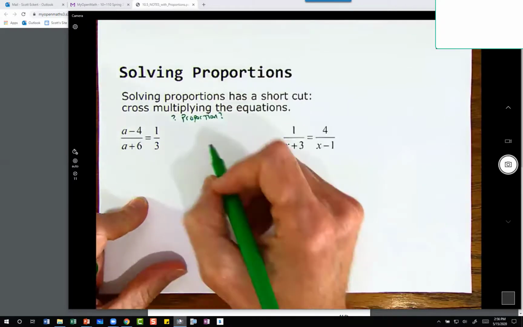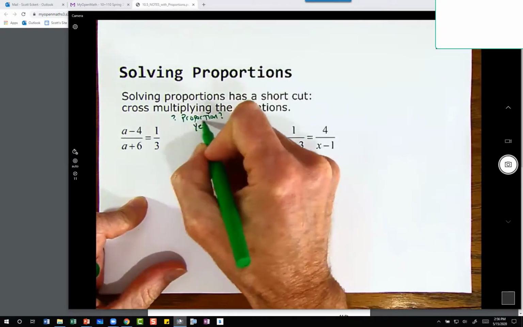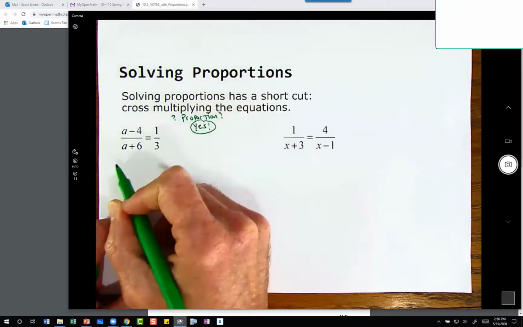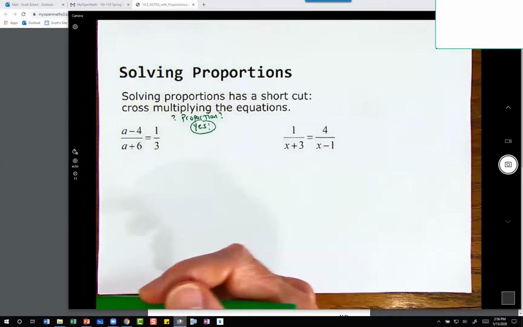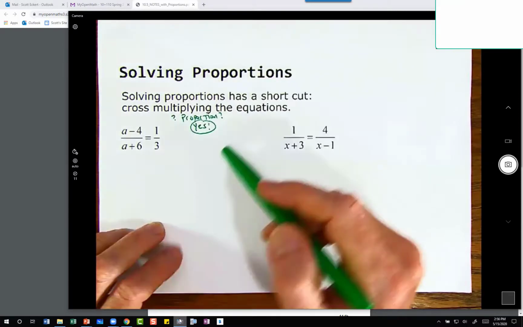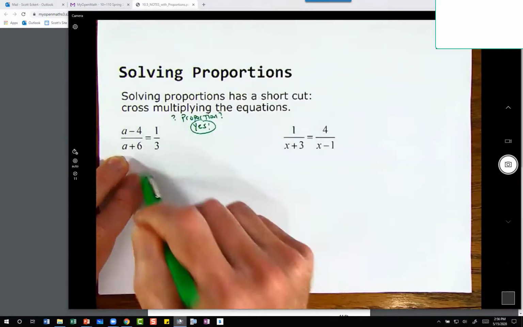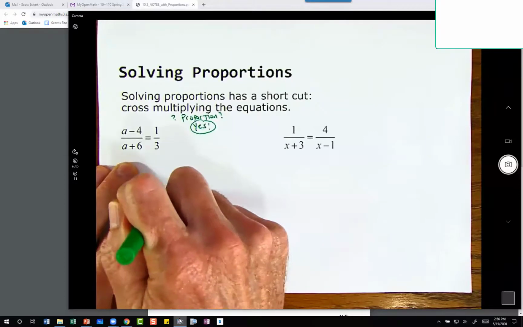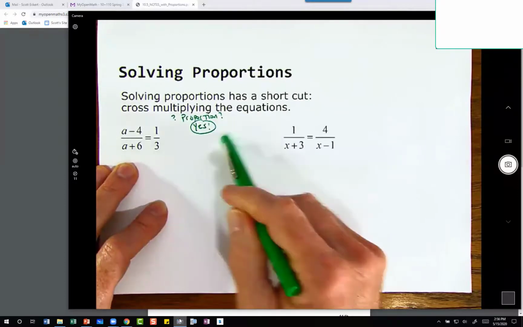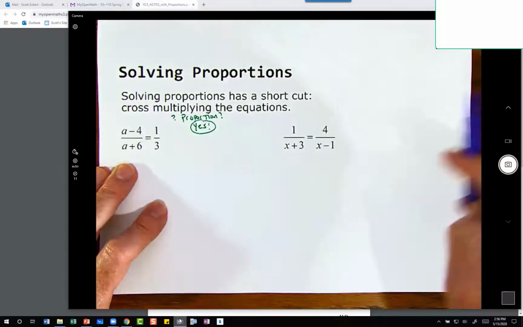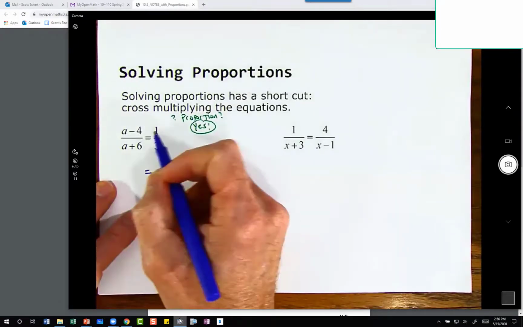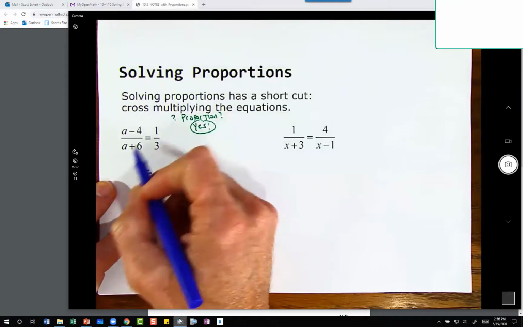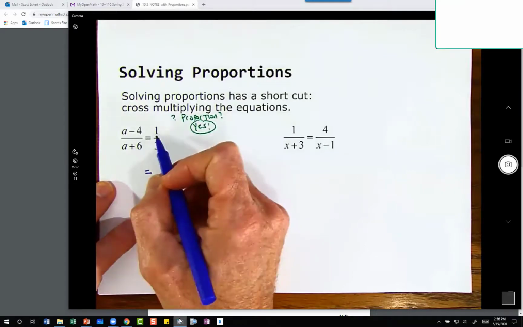So if you can say yes because you only have 2 fractions, one on the left, one on the right, you can cross multiply. Now, normally what we have to do is kill the fractions, so we've got a lot of work to get rid of the fractions. But if we do the proportion strategy, we make our equation by multiplying across one way.